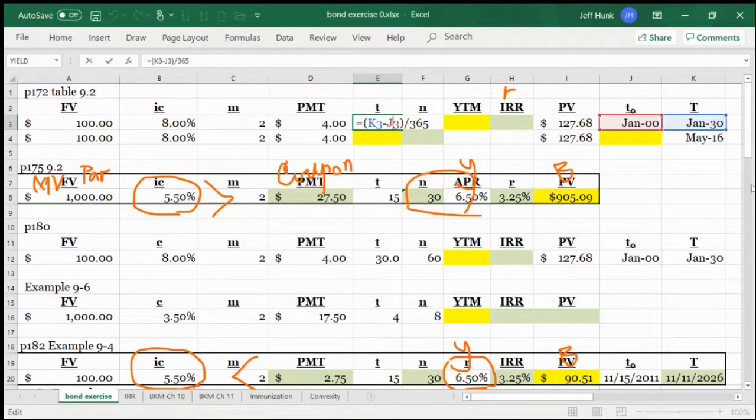Because if you just subtract it, it will give you a number of days between T0 and capital T, right?